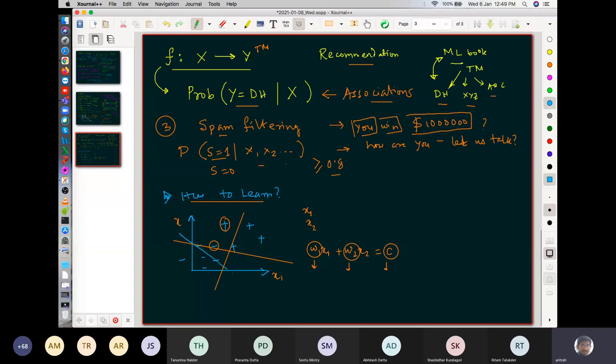The line can be this way, this way, or in the way that is actually desired. That is what we call the weights: this w1, w2, and this constant if I make it w0.